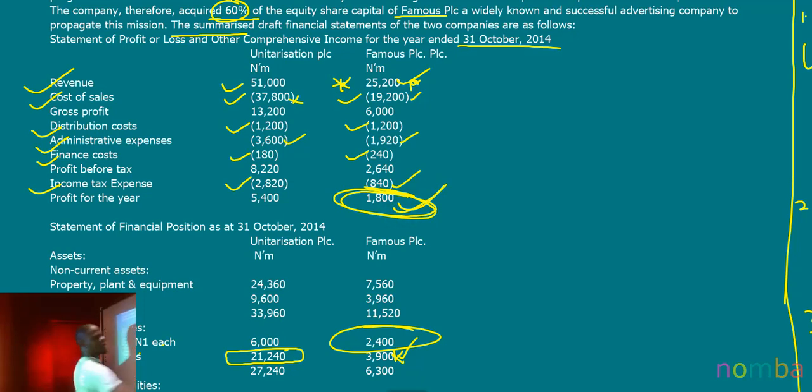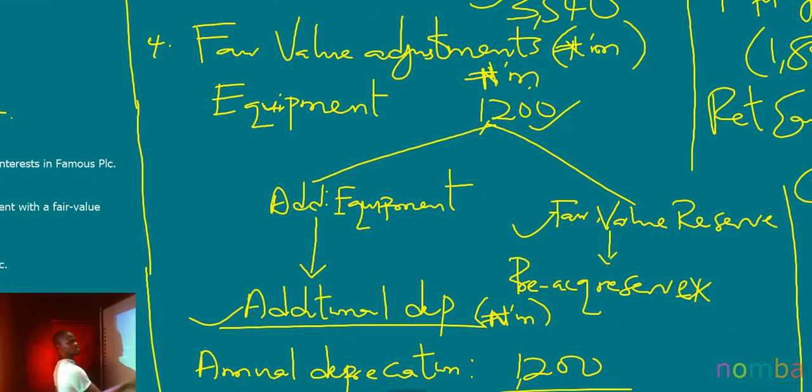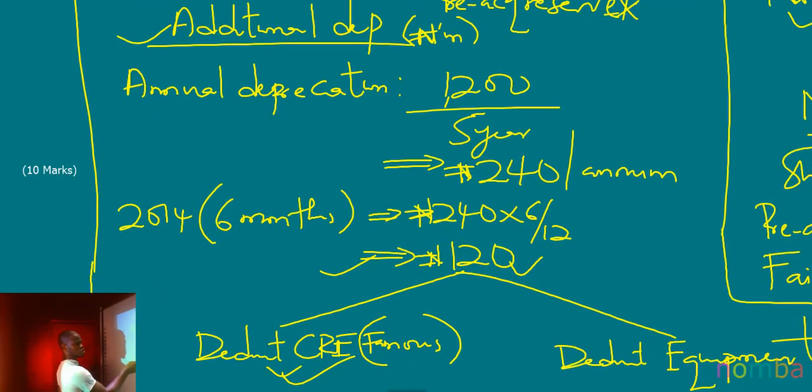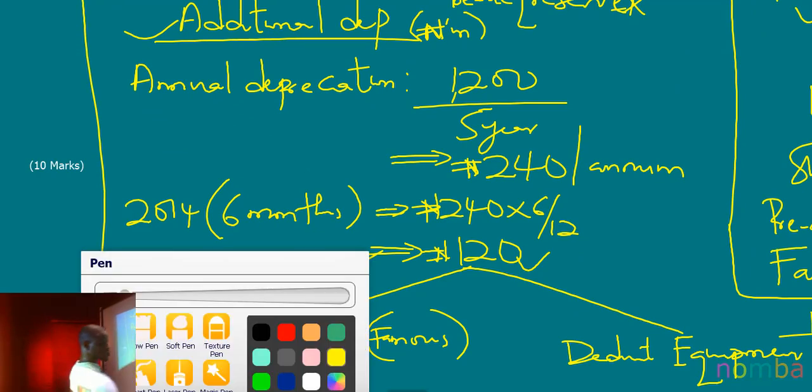And that 900, we're going to adjust it for certain consolidation adjustments that will have affected the items of the subsidiary, but which have not been reflected in the books. But we have worked them out. And the major items are, one is the additional depreciation, because the additional depreciation was on the asset of the subsidiary and it was 120.